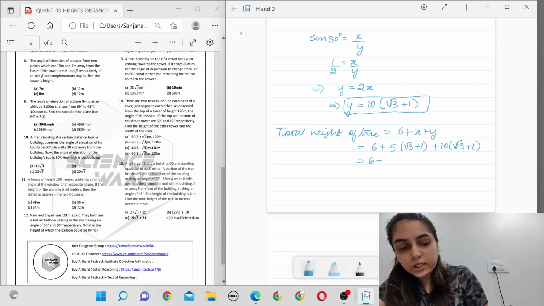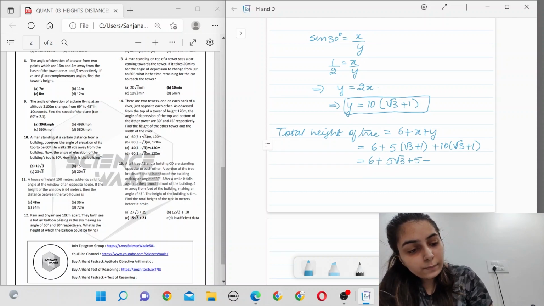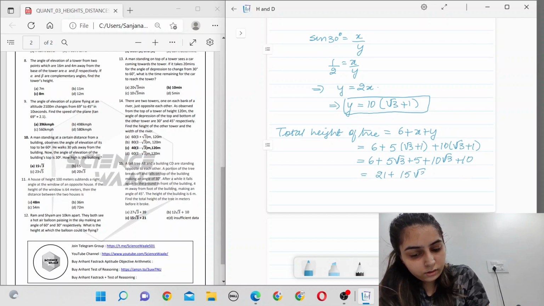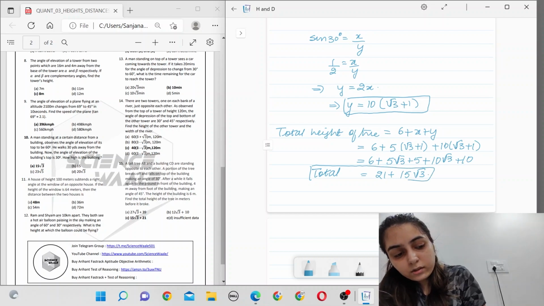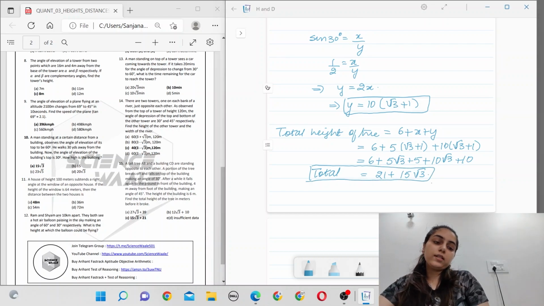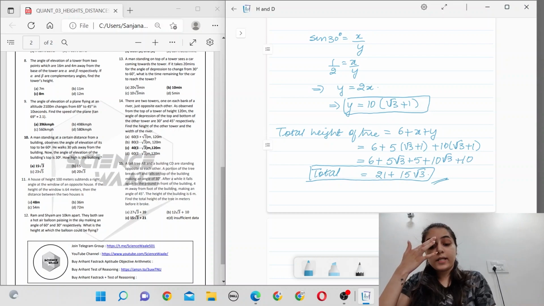That is equal to 6 plus 5 root 3 plus 5 plus 10 root 3 plus 10. So this is going to be 21 plus 15 root 3. So this is the total height of the tree before it broke. So this is our final answer.